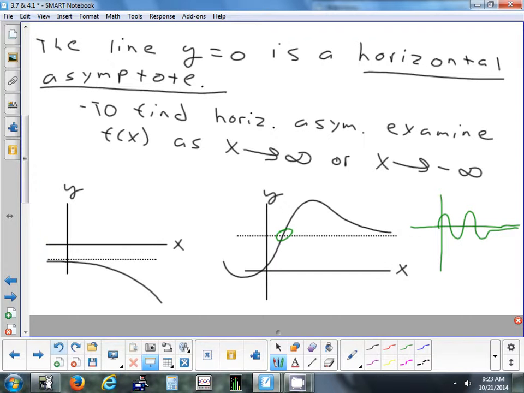It crosses it a few times, but then as x starts getting huge, it's approaching a value that it's never going to reach. So that's what I want you to think of when you think of horizontal asymptotes: what happens as x is getting huge in the positive or negative direction. Any questions on that?